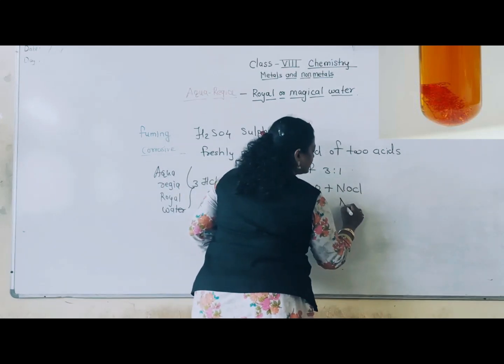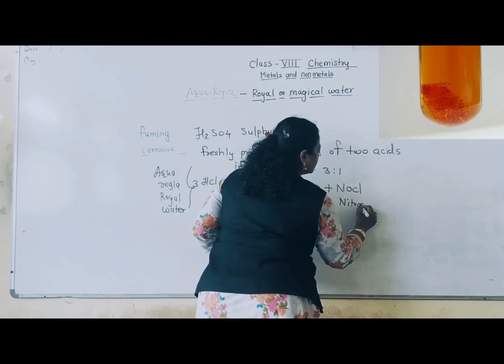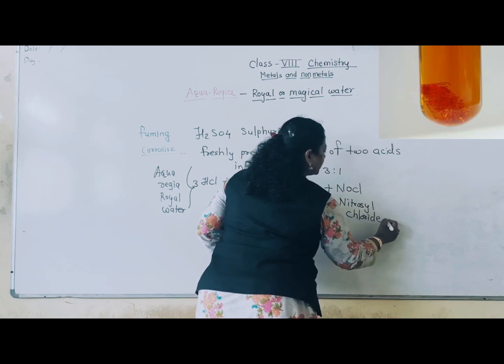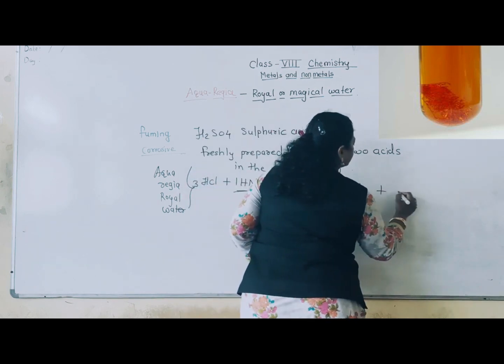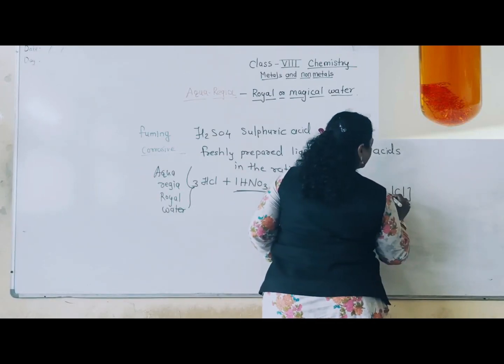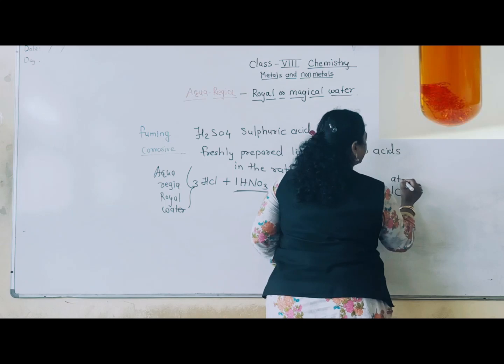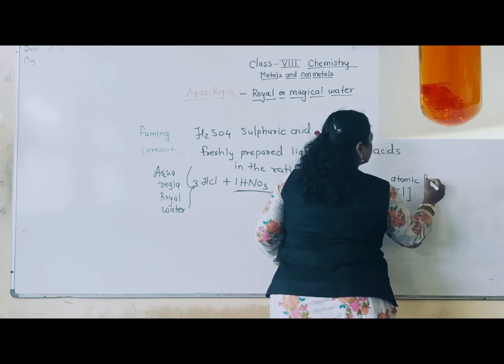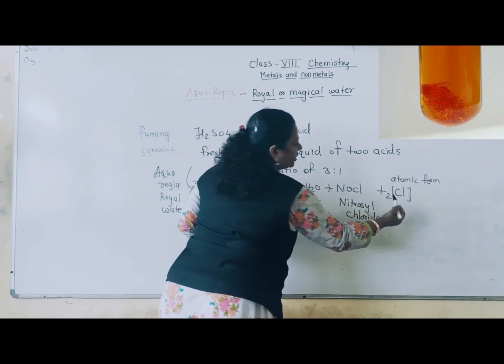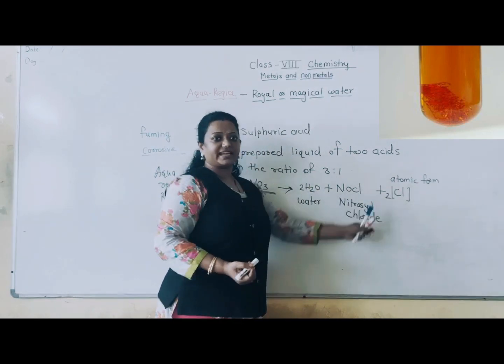That salt is called nitrosyl chloride. This salt is formed, and chlorine is formed in the atomic form. Generally we write chlorine in the molecular form, Cl2, but here in this reaction chlorine is always formed in the form of atoms.